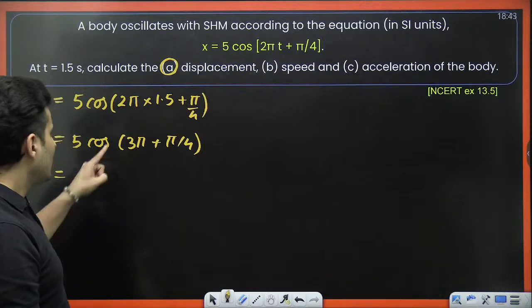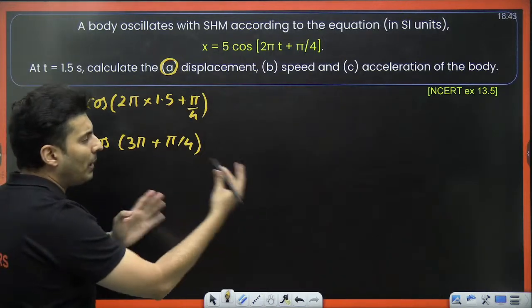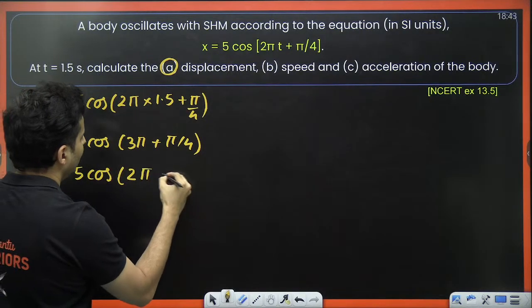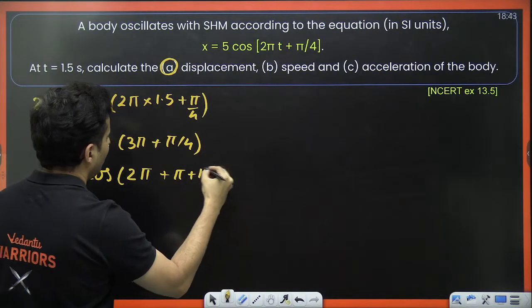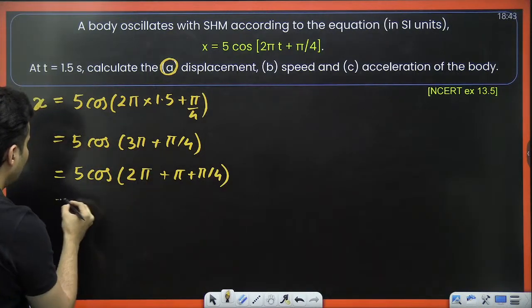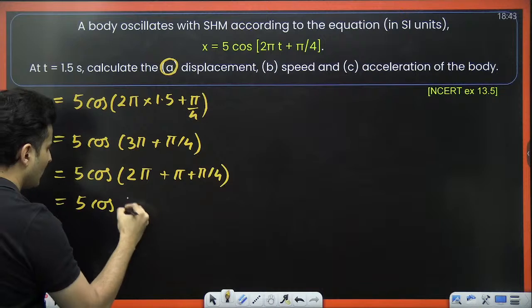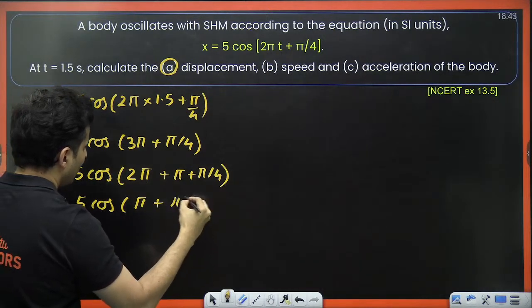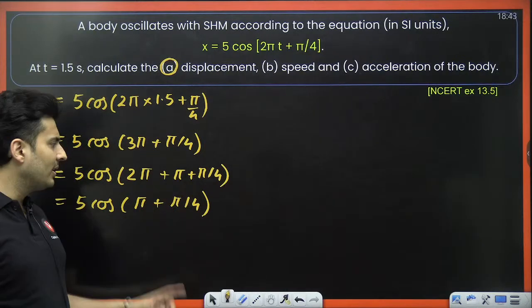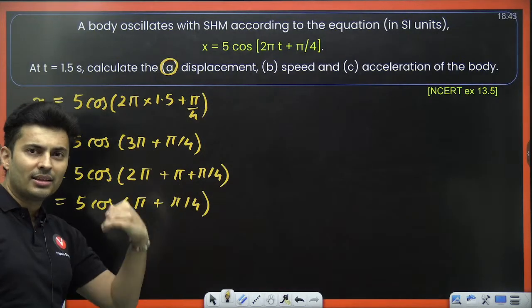Think about it. 3π, you can write it as 2π plus π. Because everything repeats in trigonometry after 2π, it's as good as writing cos of just π + π/4. Which quadrant are you in? π is 180, so you are in the third quadrant.